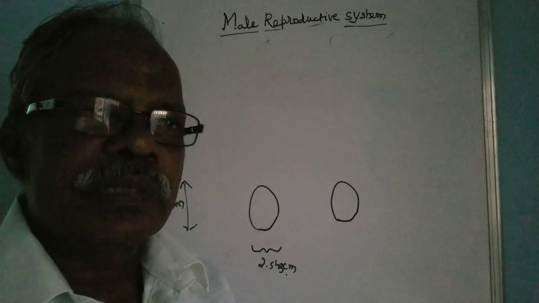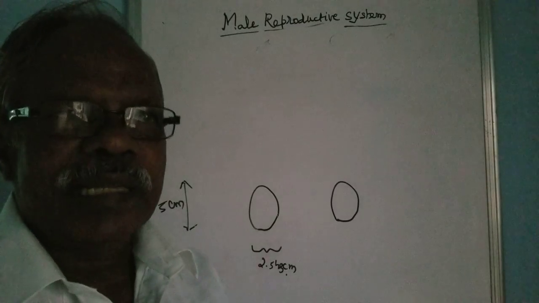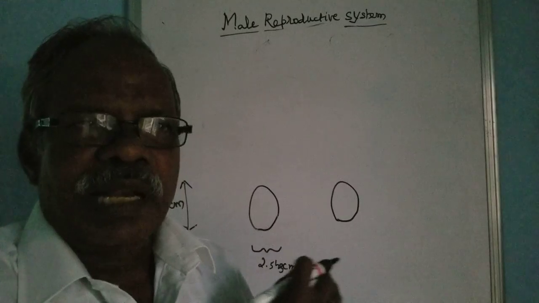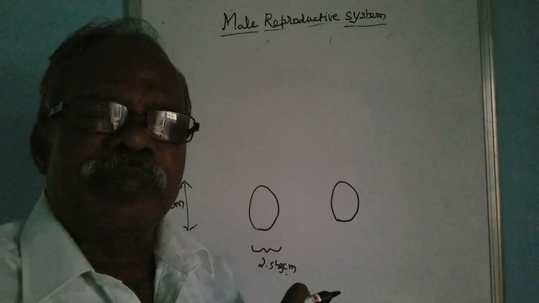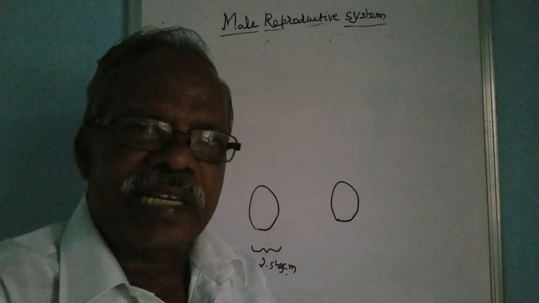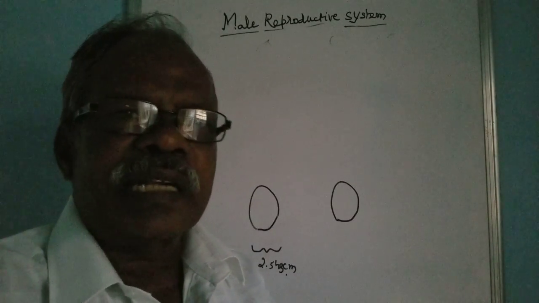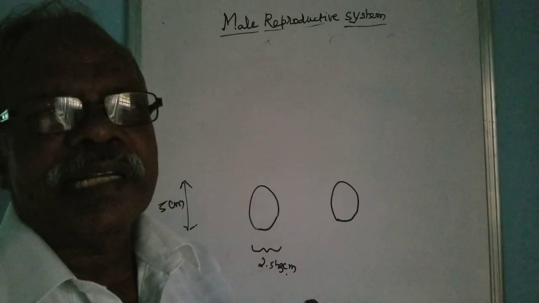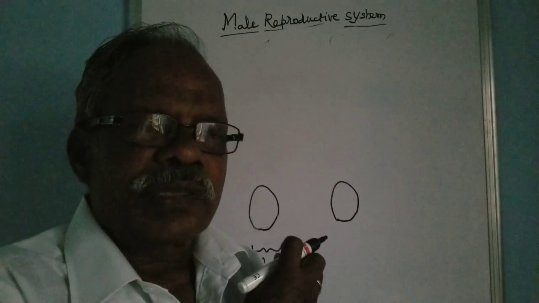This is to facilitate more aeration, so that the temperature of the testis is reduced. And moreover, I want to tell another thing also. In the human male, the testis is descended from the abdomen. It is not inside the abdomen, because body temperature does not coincide with the formation of sperm.